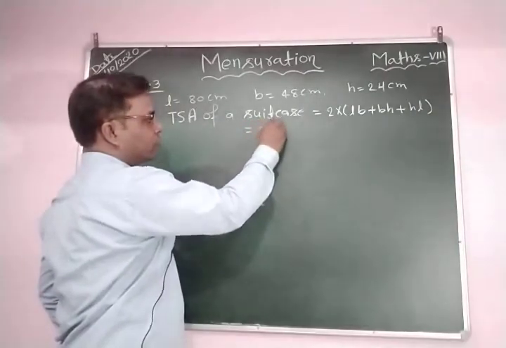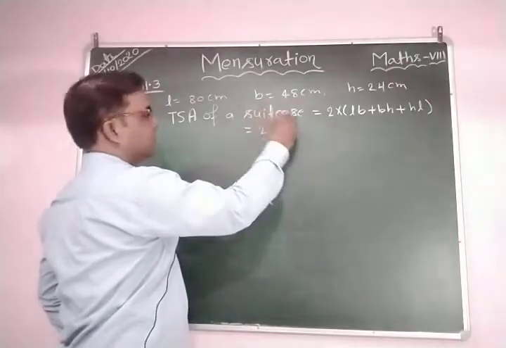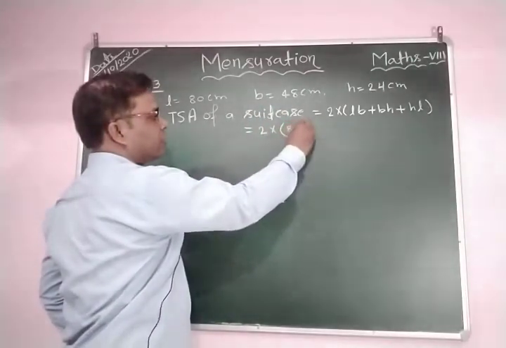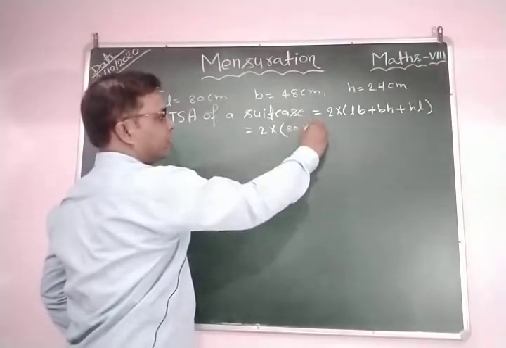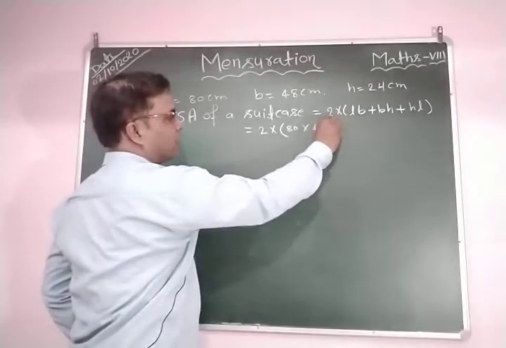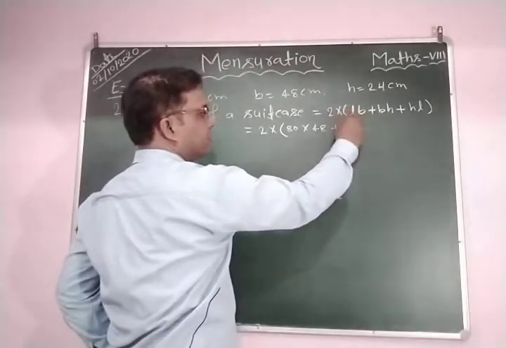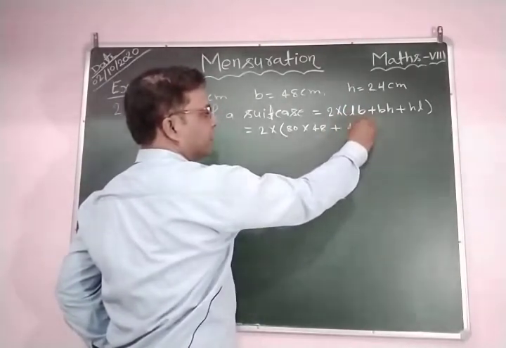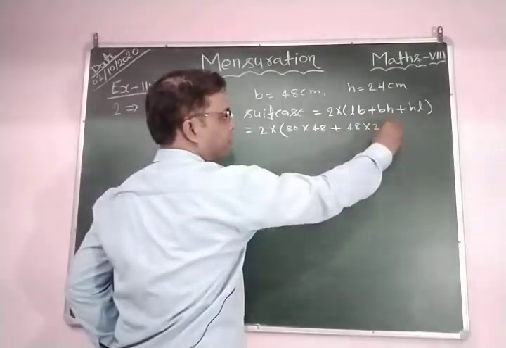Now here 2 into length into breadth. What is length? 80 centimeter. This is given. Okay. And the breadth is given here 48 centimeter. Plus B into H. B is breadth 48 centimeter into height 24 centimeter.